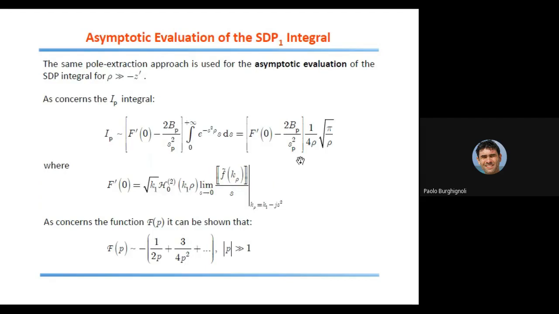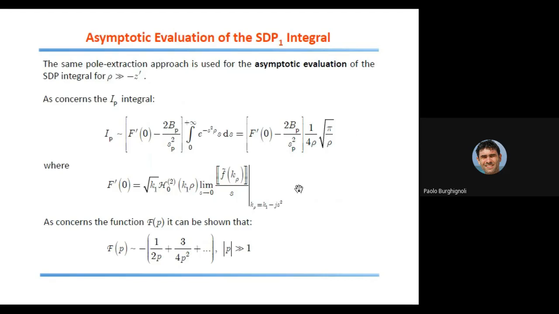Finally, the same pole extraction can be used if you wish to evaluate asymptotically the steepest descent path integral. And you can do that in a very simple way, since we are on a steepest descent path. So you simply enforce the theory of asymptotic expansion using the steepest descent method.